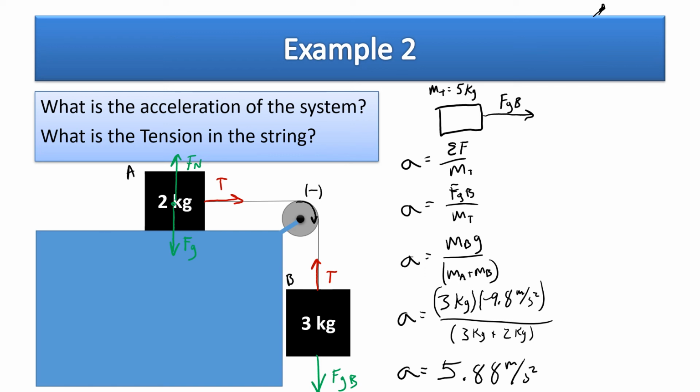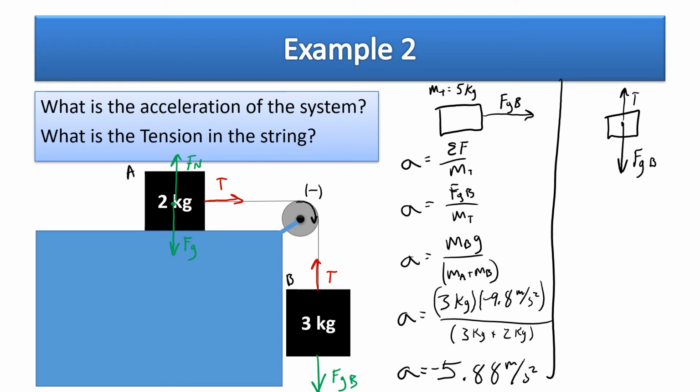Once we know the negative acceleration, we can reconsider our free body diagram. Now let's just look at block B. So FGB, we have the tension.